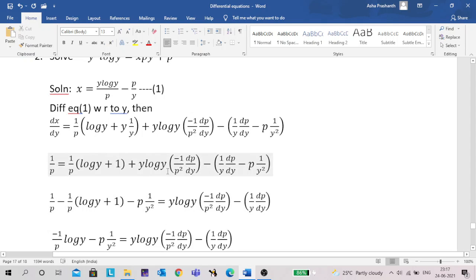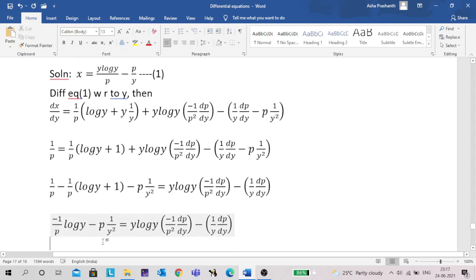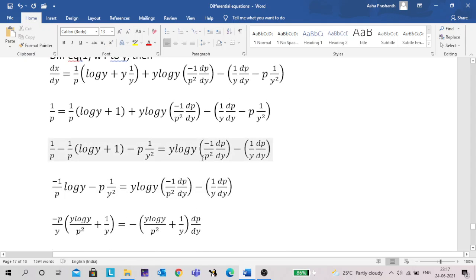The remaining term is y log y, this term, and minus 1 over y into dp by dy. Then you can simplify, 1 over p minus 1 over p gets cancelled. We'll get only minus 1 by p into log y minus p by y square as the remaining term in the left hand side. And here right hand side I am not changing anything.